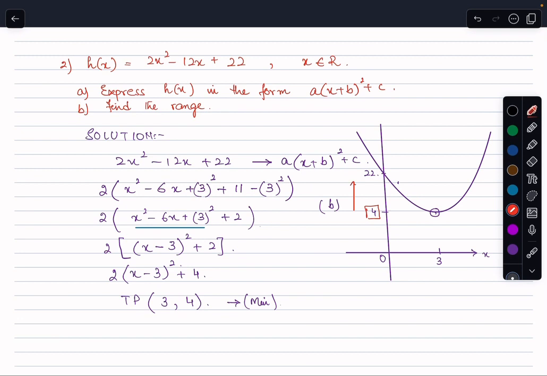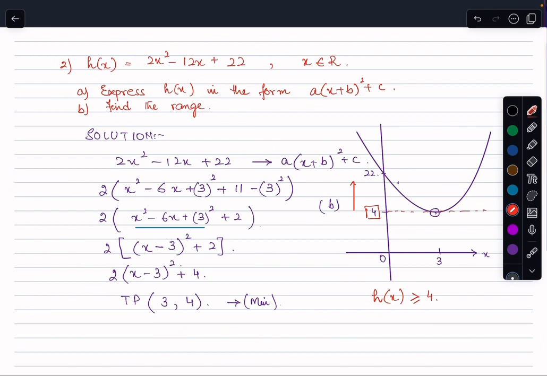I can see that the y-intercept is the constant in the equation, which is 22, way greater than the minimum y value or the function value, which is a 4 here. So with respect to this value, I can say that the range h of x has to be greater or equal to 4 here.